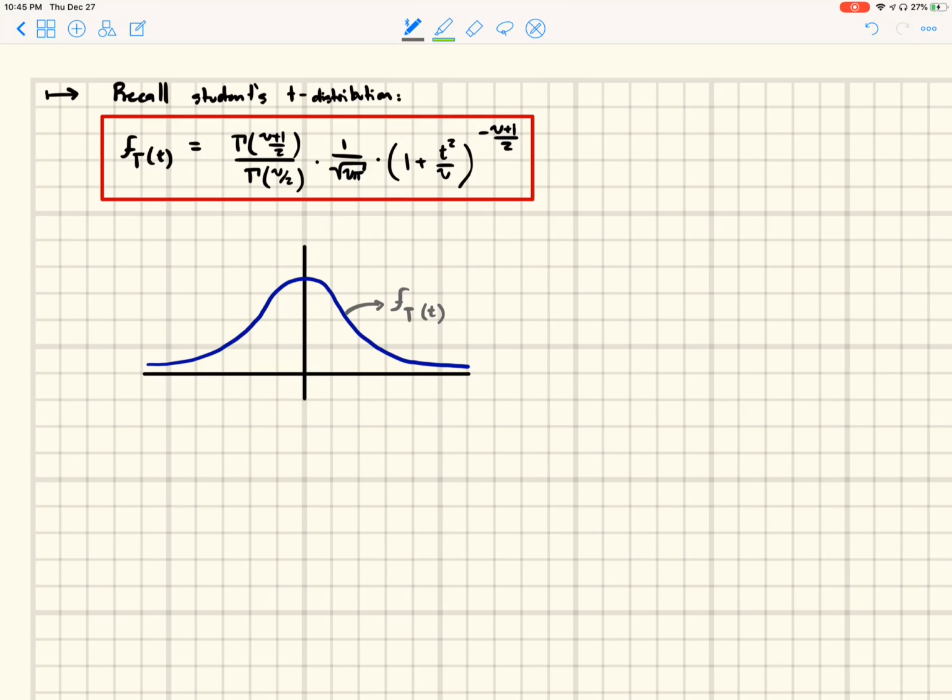And at either end of this distribution, we can look at the quantiles. There's a positive and a negative, and these will represent the critical t-values. Recall that this term, this area here, is related to our confidence interval, which we're seeking.